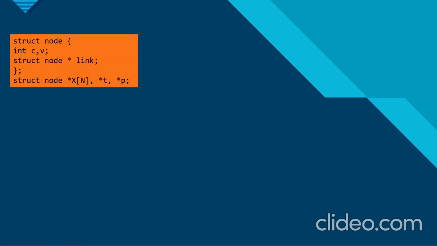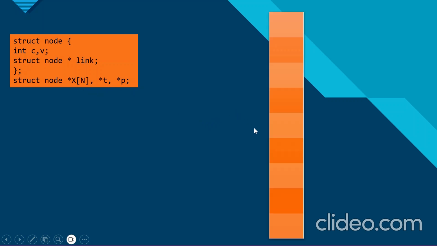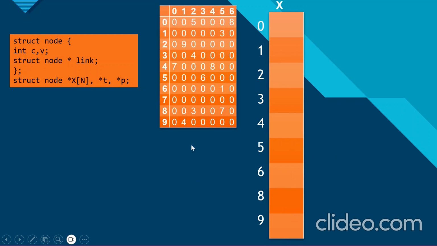So this is the x vector I was talking of. These t and p would be temporary variables, as we will be seeing. So let us take this x again, and this x has been assigned the indices of 0, 1, 2 and 3, or these cells have been assigned those indices, right?